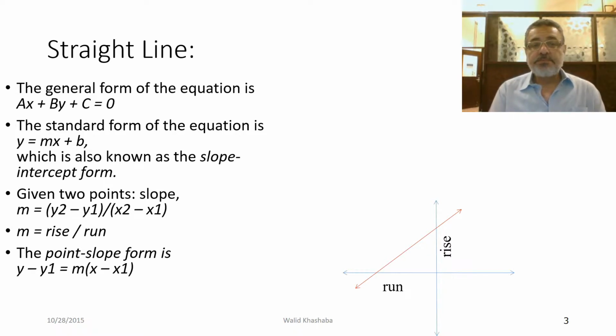Well, the slope can be found in many ways. For example, if we have 2 points lying on the line, and we're going to assume the first as x1 and y1 and the second x2 and y2, we can find the slope using these 2 points with this rule: y2 minus y1 over x2 minus x1, the difference in y over the difference in x.